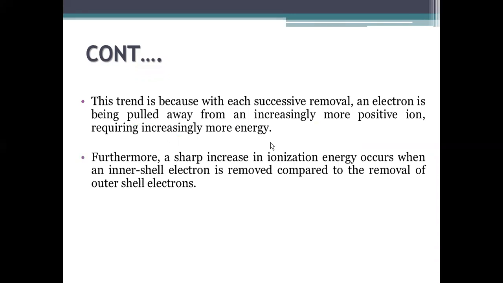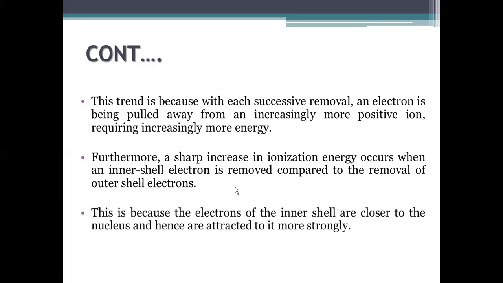That is why there is a sharp increase in the ionization energy when you remove an electron from the inner shell. So you can see a sudden, sharp increase there. But compared to the removal of the outer shell electron, which is loosely bound to your nucleus, it shows distinctly low ionization energy.